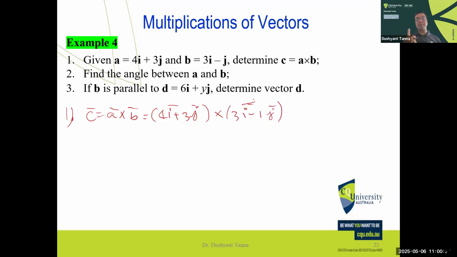First and last, 4 times minus 1 plus 3 times 3. Okay, 4 times minus 1, so minus 4, plus 9, along with k. Oh, sorry, there is a minus here. So that's a 9.